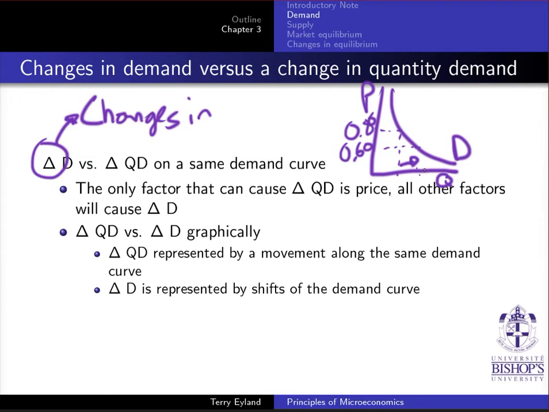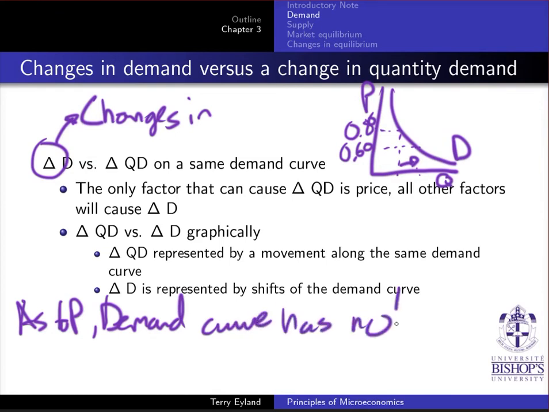But the big thing you have to note is that as there's been a decrease in price, the demand curve has not shifted.